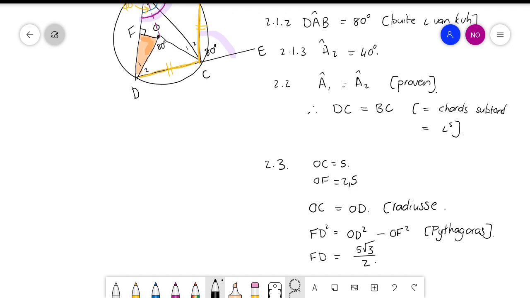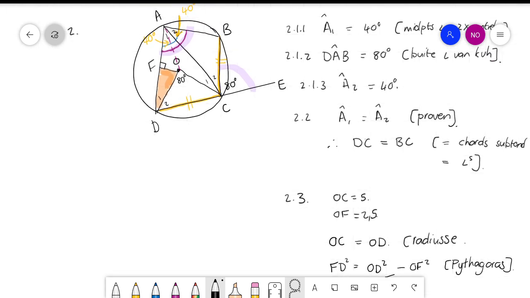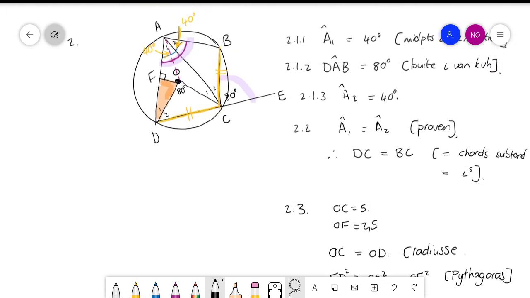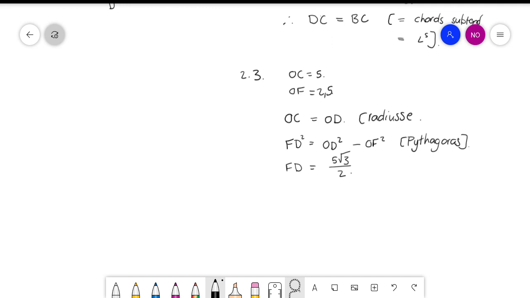Okay, then you had to see that this line is from the midpoint of the circle and it is perpendicular to the chord. And then we have a theorem that says the line from the centre of the circle that is perpendicular to the chord, bisects the chord. But you had to give that reason.